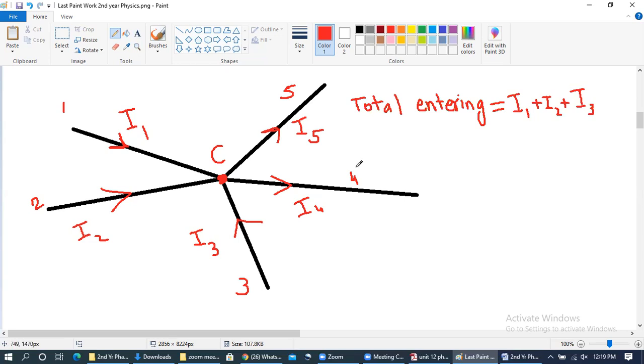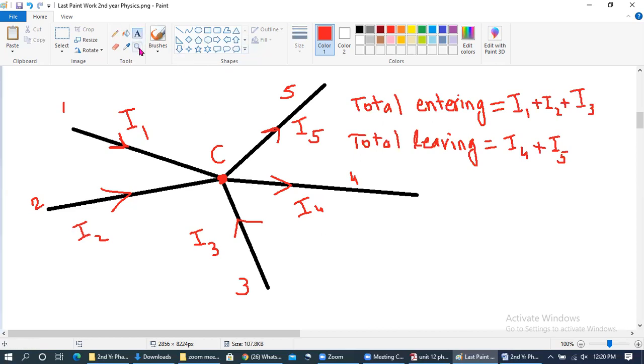This point is called the junction. Now, what is the total current leaving, going away from this point? Leaving is I5 and I4, so I4 plus I5. These two currents are leaving, therefore the total current leaving this system is I4 plus I5.